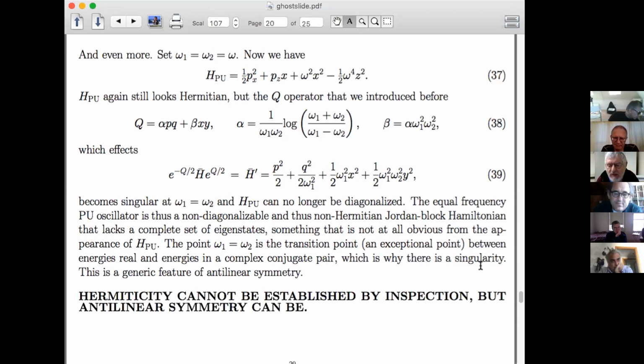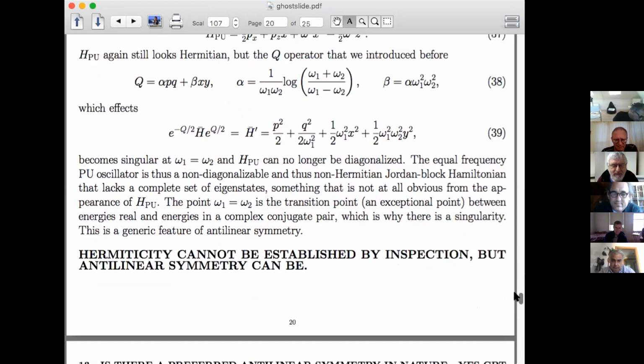And this is why there is a singularity. It's at that transition point, and it's a generic feature of antilinear symmetry. So, message: Hermiticity cannot be established by inspection. However, antilinear symmetry can be established by inspection. So antilinear symmetry goes a lot further.